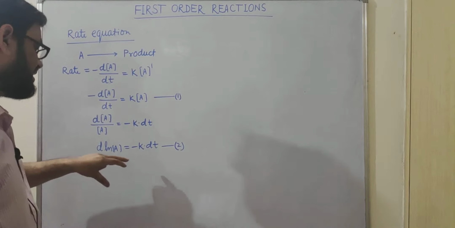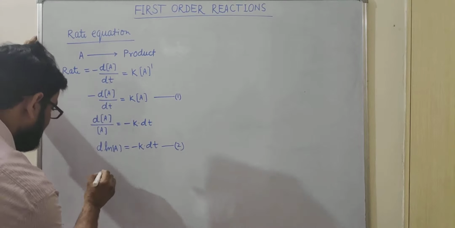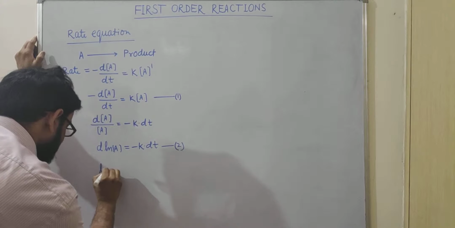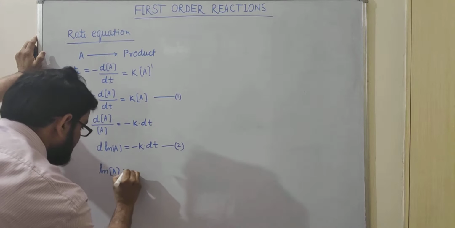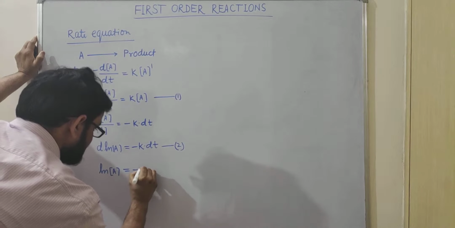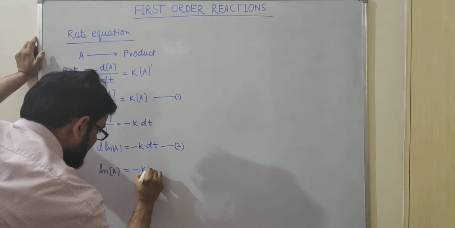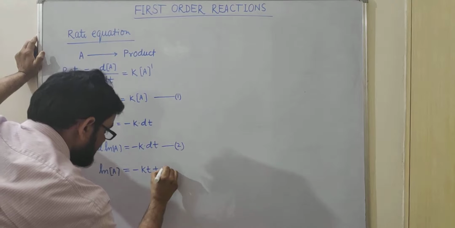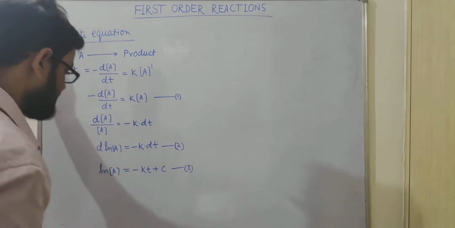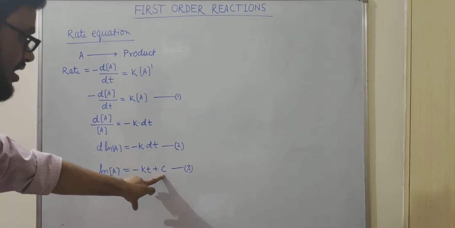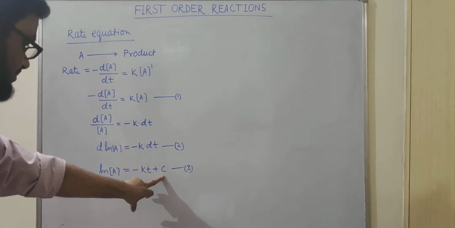So if we integrate equation number 2, we will get ln A is equal to minus kt plus C, where C is a constant called integration constant.